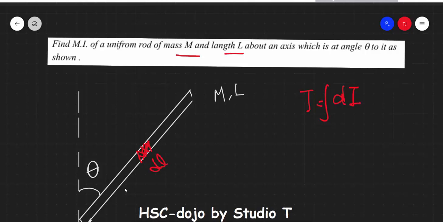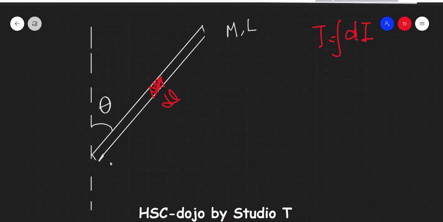From this end of the rod the differential portion is at a distance of l, and from the given axis about which we have to evaluate the moment of inertia, the differential portion is at a perpendicular distance of x from that axis. From trigonometry it is obvious that x is L sine theta.